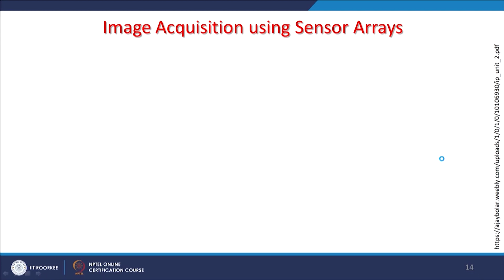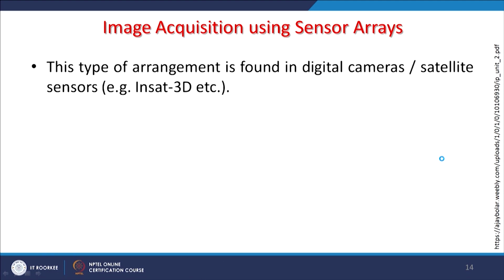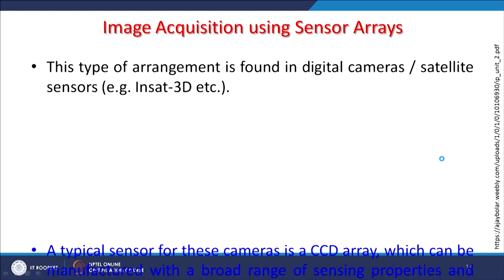Likewise these images are created. Now, this type of arrangement is generally found in digital cameras or satellite sensors. An example is INSAT-3D, because they are taking just a snapshot.